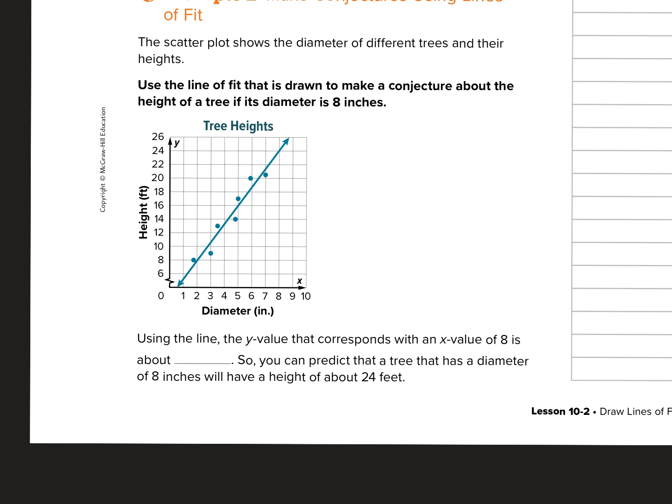So if I go here to 8 inches and I go up, up, up until I hit my line. Notice there's no data point there. That's fine. So I've hit the line, and now I'm going to go and see what that Y value is. That Y value is 24. So I could expect a tree with a trunk that has an 8-inch diameter to be roughly 24 feet tall.